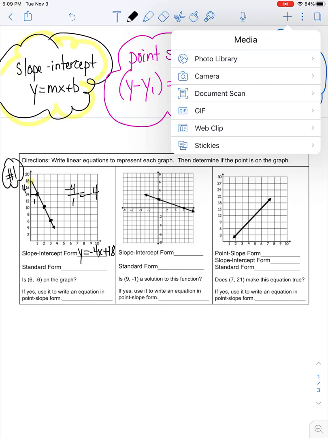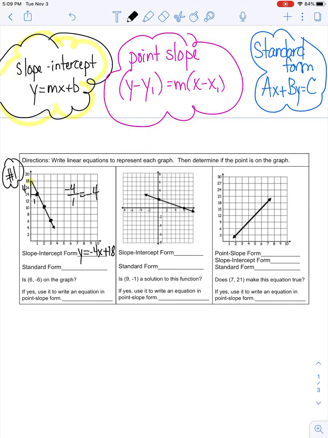Now we can take that and rewrite it, I think is the best word, so that it's in standard form. I'm going to come down here and do that. So I have y equals negative 4x plus 18.